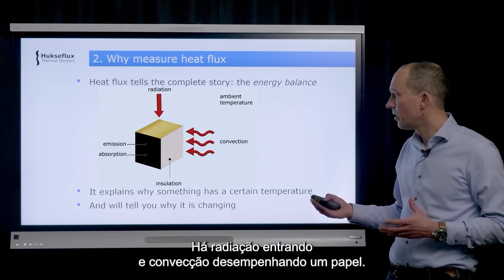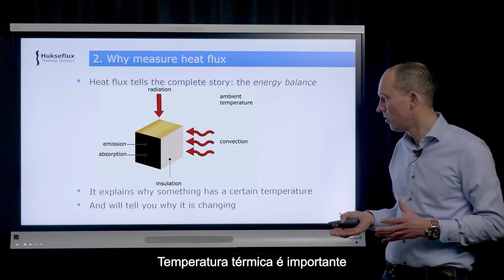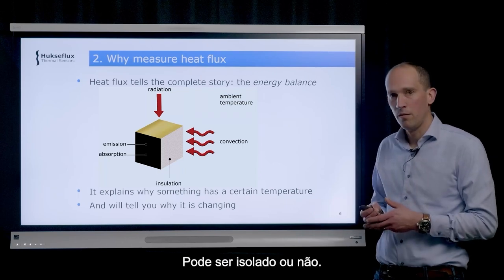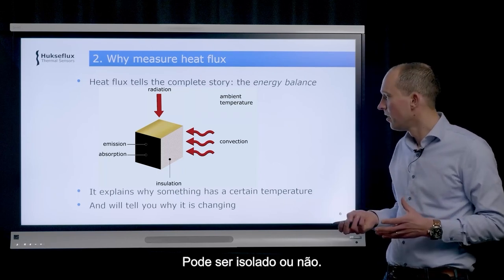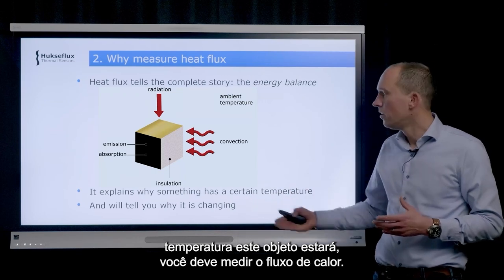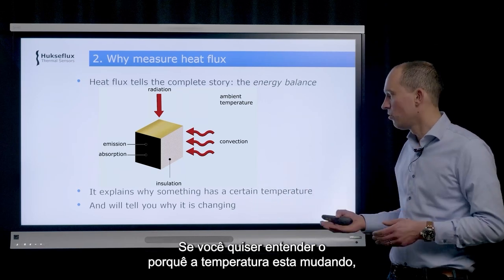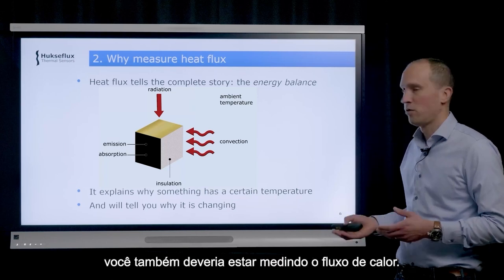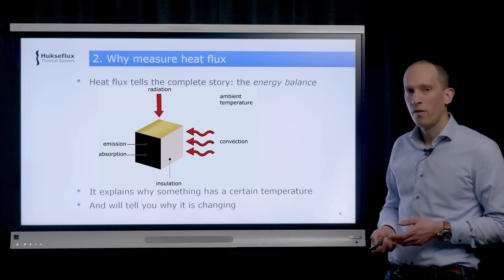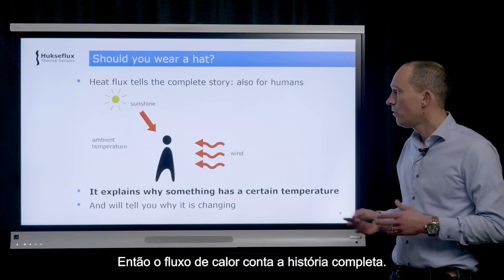There is radiation coming in, there is convection playing a role, the ambient temperature is important. This material is absorbing, it's emitting, it can be isolated or not. If you want to know what the temperature of this object will be, you should measure the heat flux. If you want to understand why this temperature is changing, you should also be measuring heat flux. And this works basically for everything you can imagine. So heat flux tells a complete story.